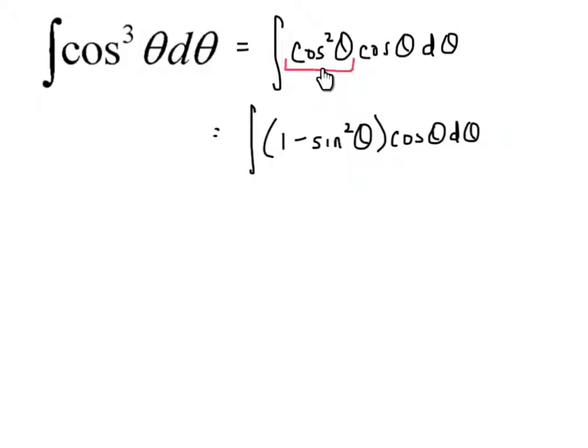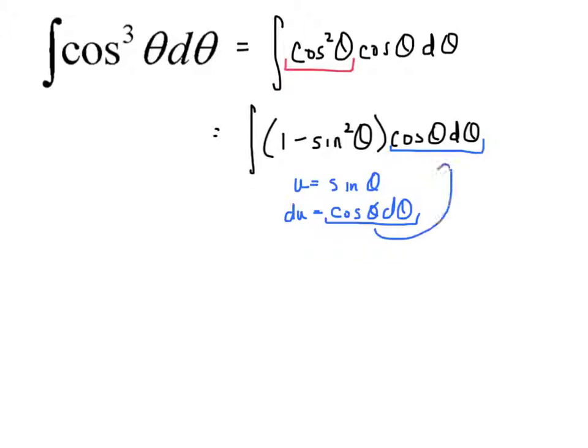That's a trig identity. Well, now it's pretty easy to see that if I make u sine, du will be cosine. And look at that, I'm going to be able to replace that entire thing with just a du. So my integral becomes 1 minus u squared du.